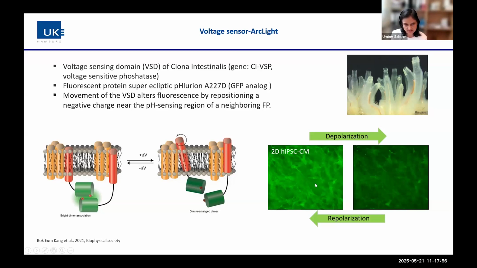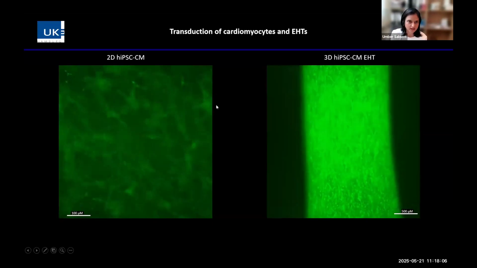In 2D cardiomyocytes, you can see they are transduced with this sensor, and upon depolarization there is a decrease in fluorescence intensity. Transduction of 2D cardiomyocytes and EHTs with the ArcLight sensor shows a decrease in fluorescence intensity during contraction.